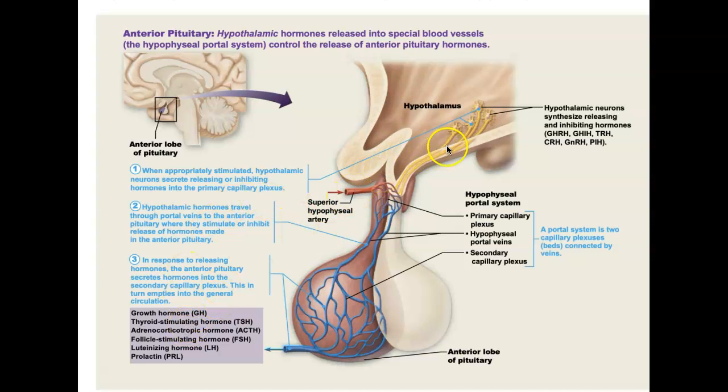And so oftentimes when the hypothalamus secretes hormones, these hormones from the hypothalamus travel through blood vessels to the anterior pituitary, where they can stimulate hormones to be made by the anterior pituitary.